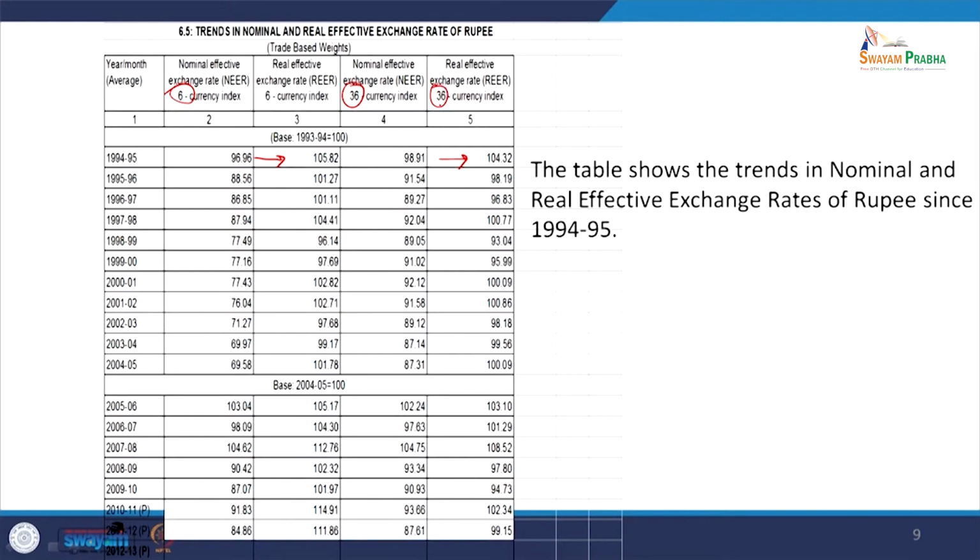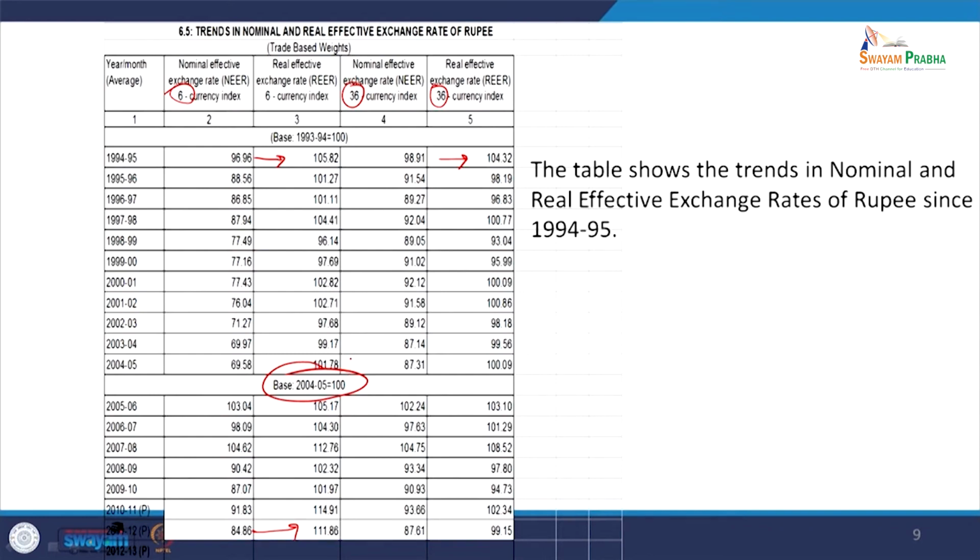Now, as per the latest data of the Government of India, the base period has been changed to 2004-05 prices, because since we are adjusting with prices, the inflation aspect has been neutralized in PPP terms.